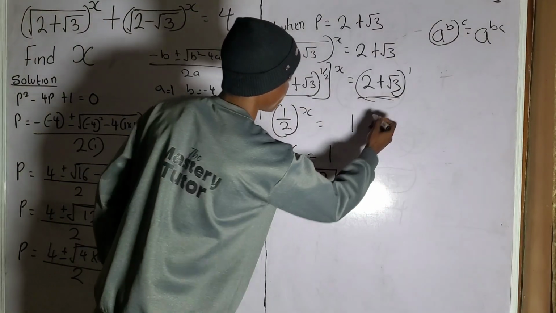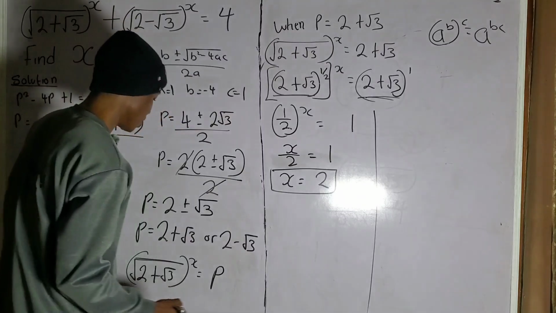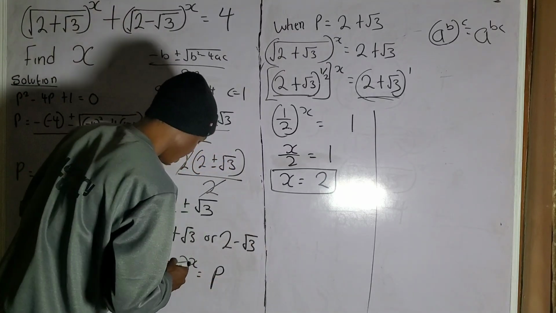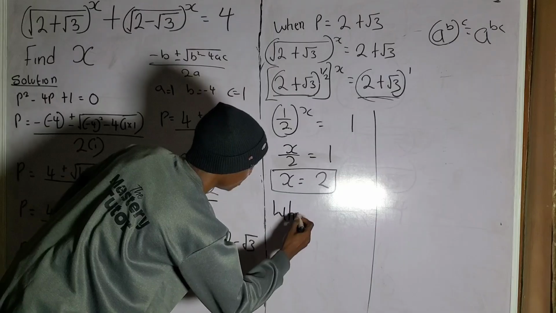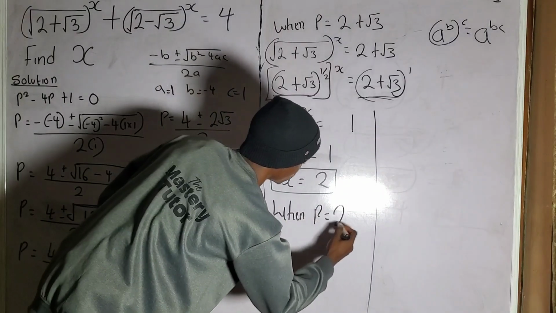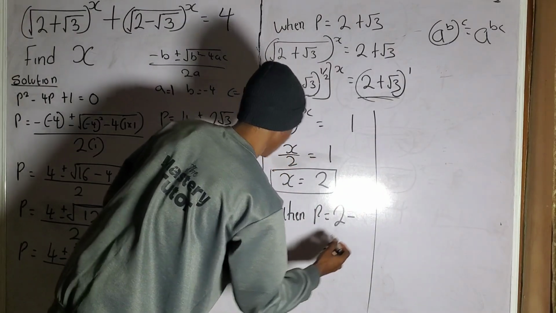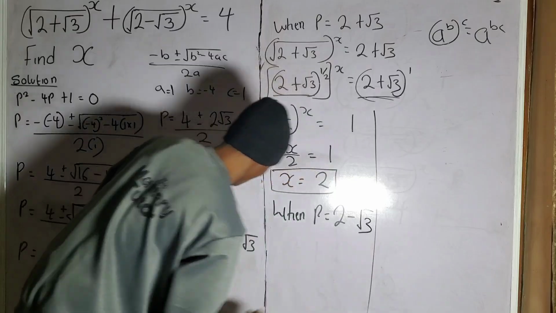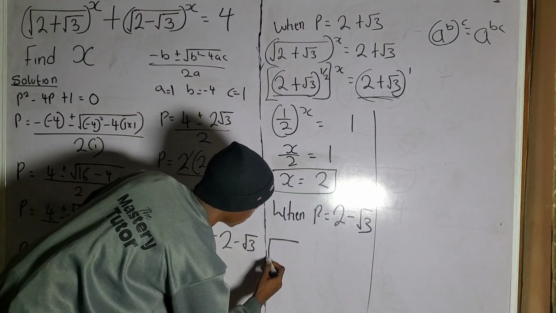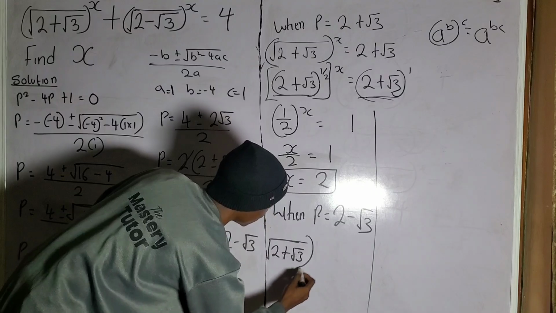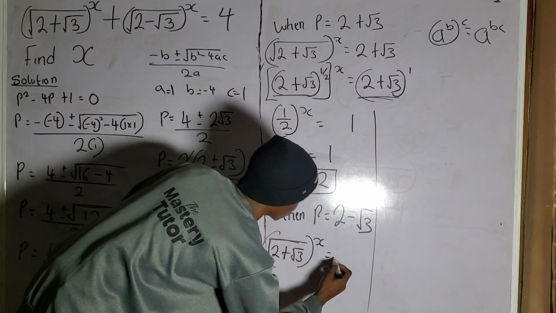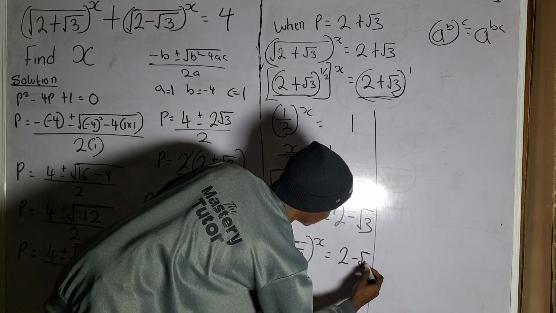Please pay attention. Here I'm going to have, when p equals 2 minus root 3, we are going to have square root of 2 plus root 3 raised to the power of x is equal to 2 minus root 3.